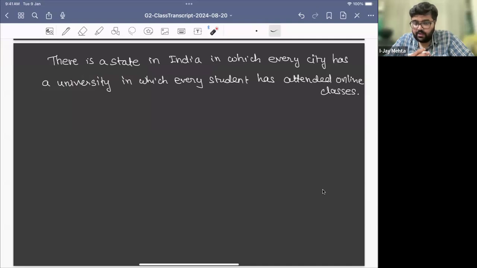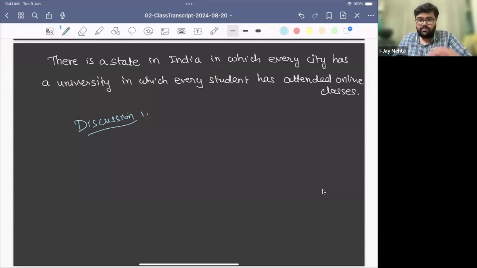Okay. So this I'll leave for discussion. But discuss only when you are comfortable handling statements with two quantifiers, then discuss for three, and then try to frame such statements with more quantifiers, multiple quantifiers. Okay.